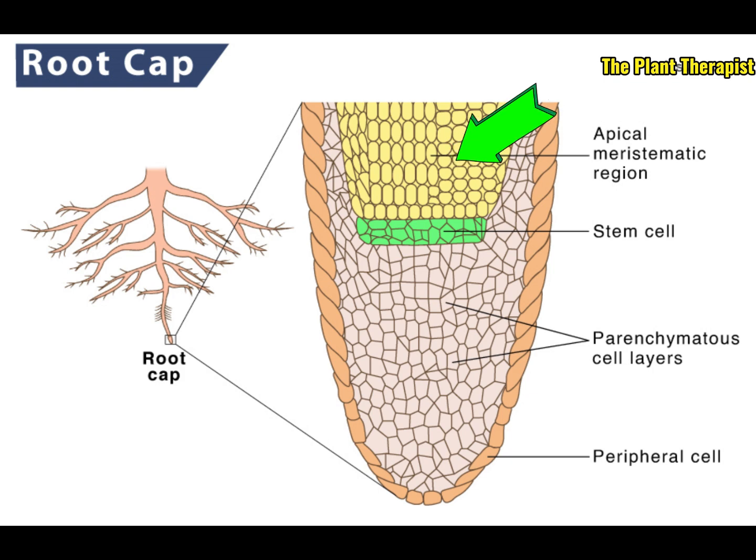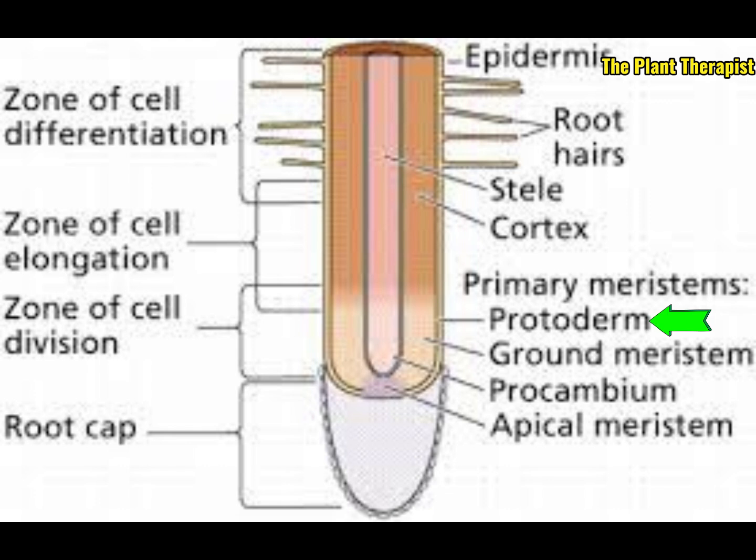In both root and stem, the apical meristem soon subdivides into 3 meristematic areas. The first is the protoderm, the second the ground meristem, and the third the procambium. The protoderm gives rise to an outer layer of cells, that is the epidermis.